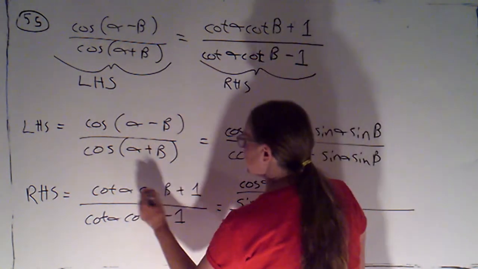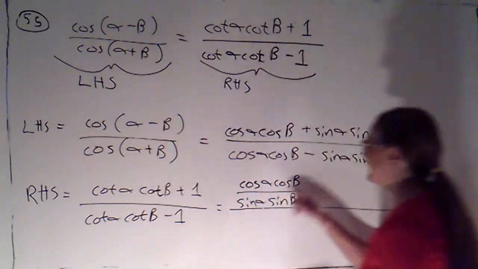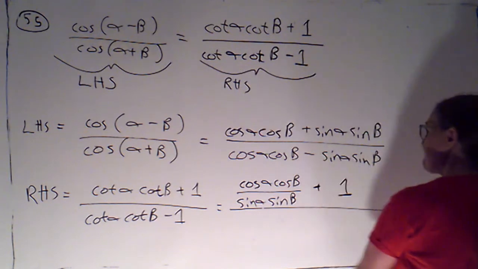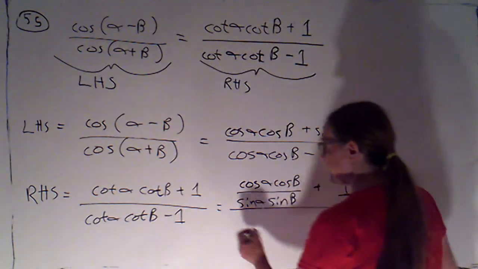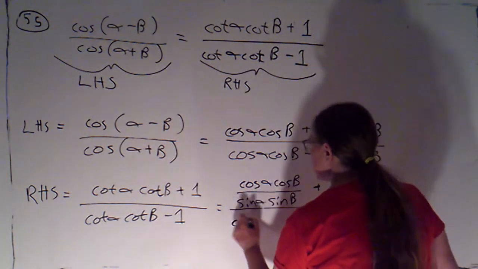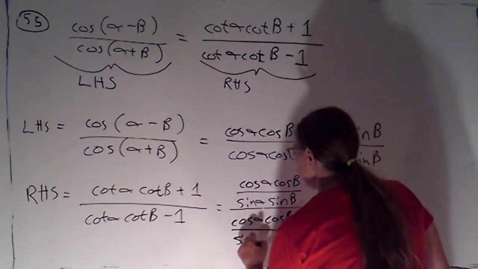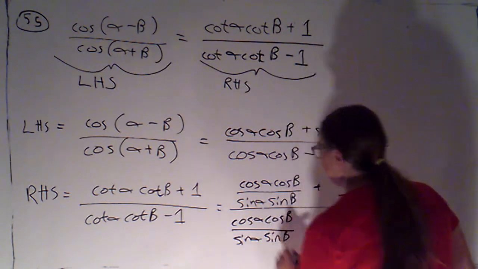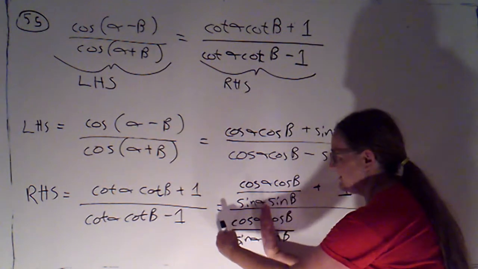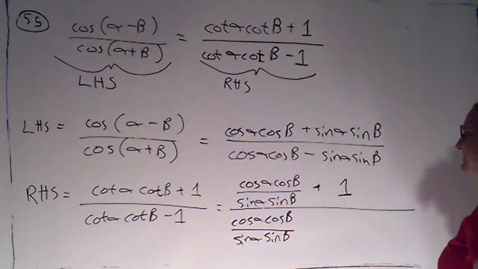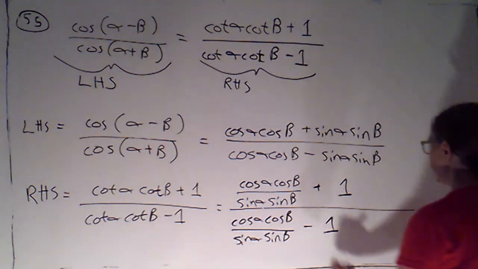I'm sorry, this should be cotangent of beta is cosine of beta over sine of beta. Plus 1 over, same thing, but minus 1. So cosine of alpha, cosine of beta over sine of alpha, sine of beta. Those two pieces give me the cotangent of alpha. Those two factors give me the cotangent of beta, and then minus 1.